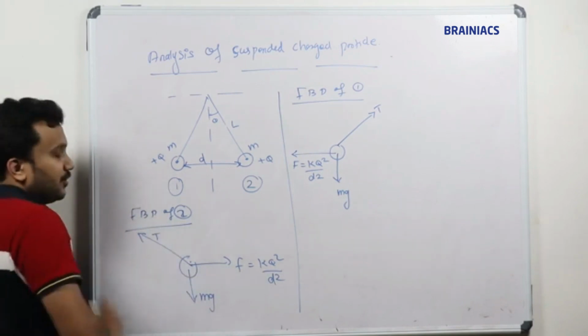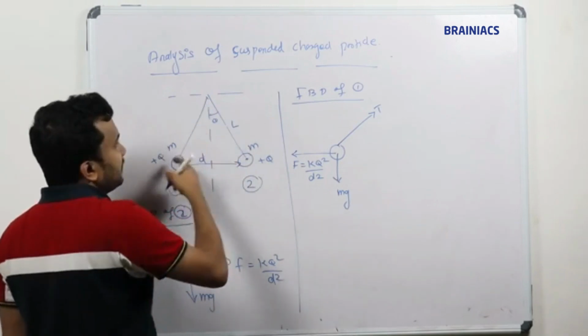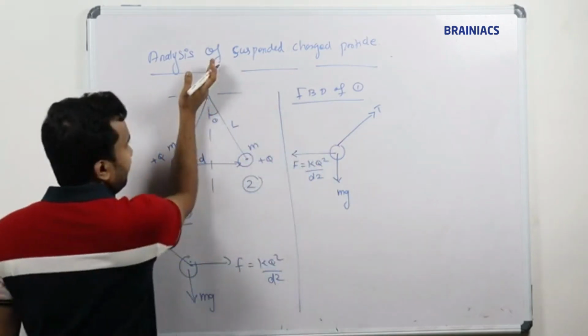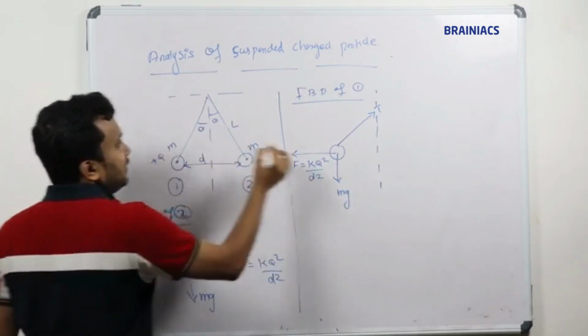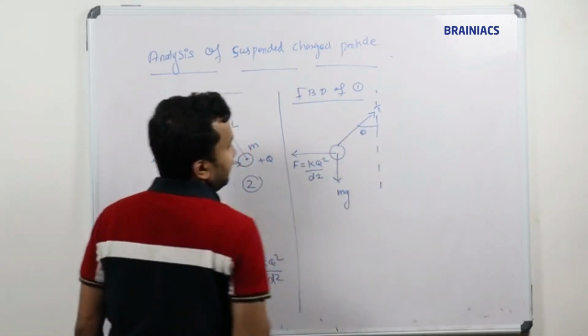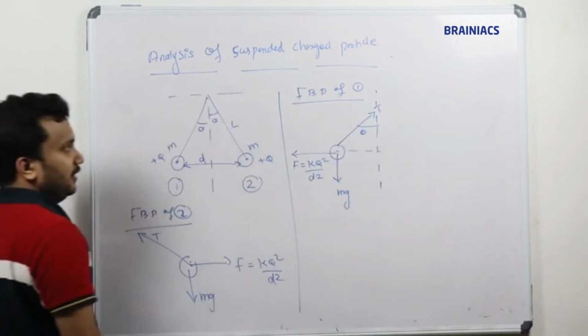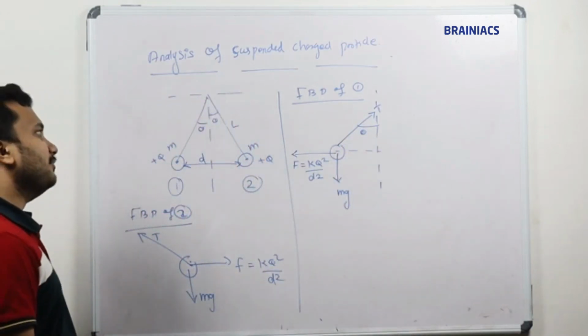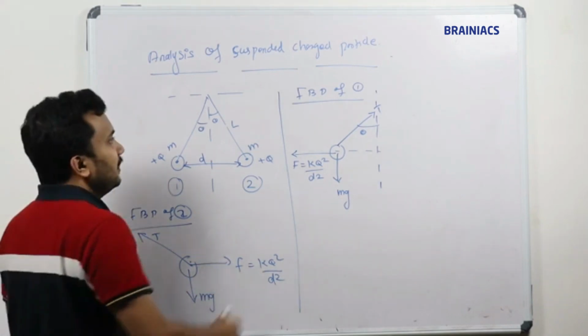Here, for the first body, we know this is a tension line and here we have a center line. If this angle is theta, this angle is also theta. We can consider a small triangle here.